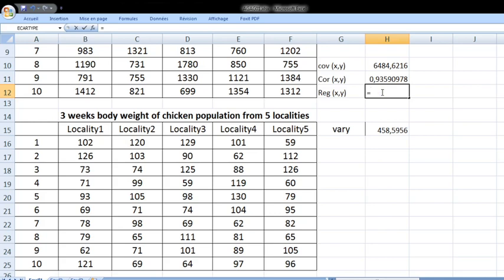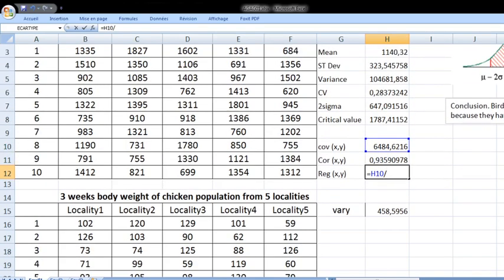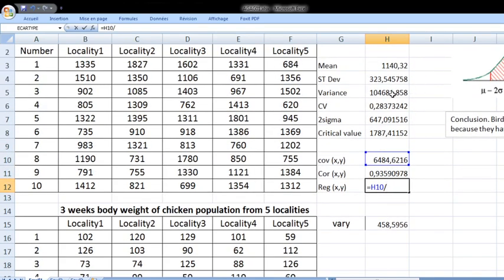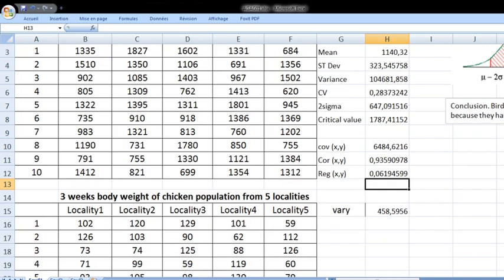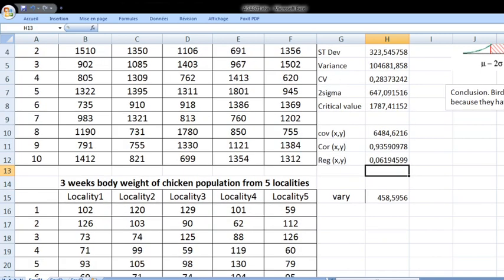So the regression coefficient here is estimated using the covariance divided by the variance of x here presented, right. And now I have my regression coefficient, that is 0.061, and then you can read the rest.